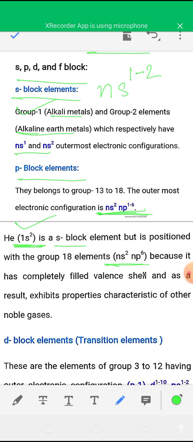So due to similarities with noble gases in chemical properties, helium is positioned in group 18 with noble gases, okay.